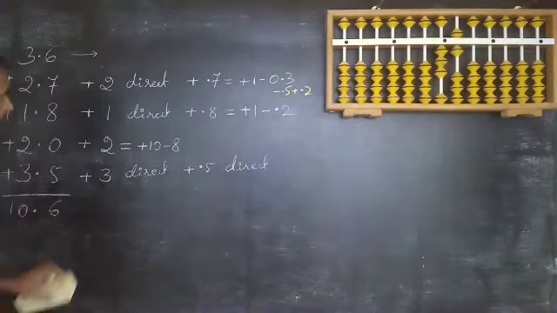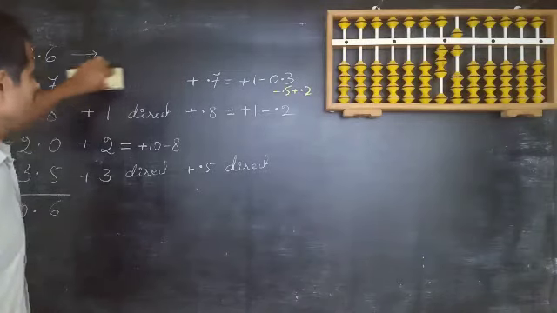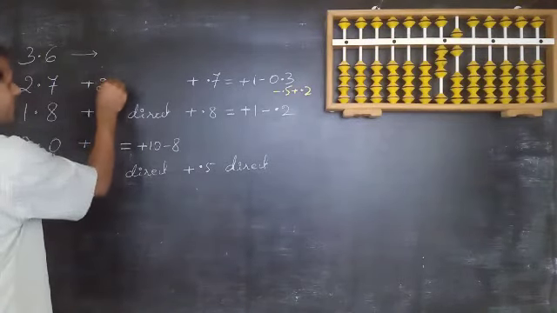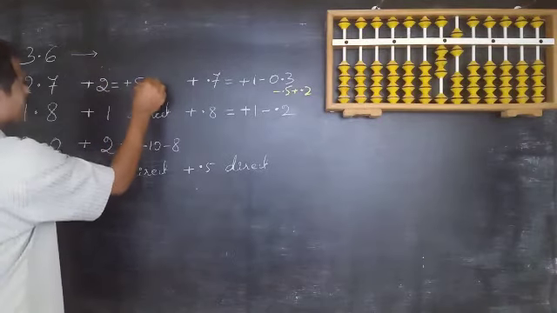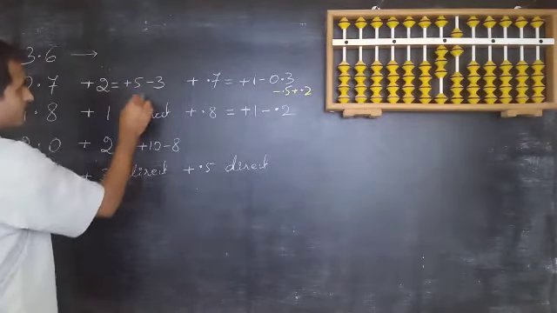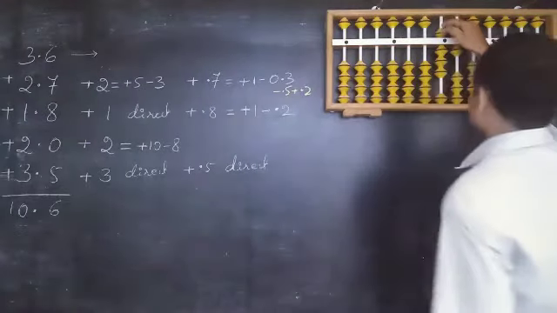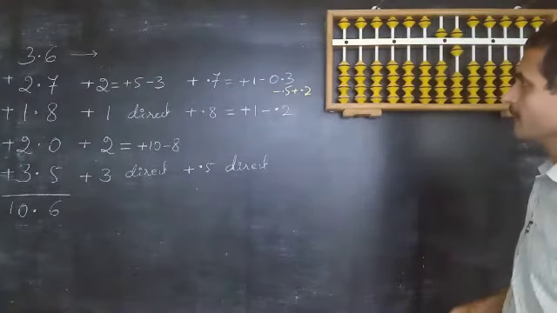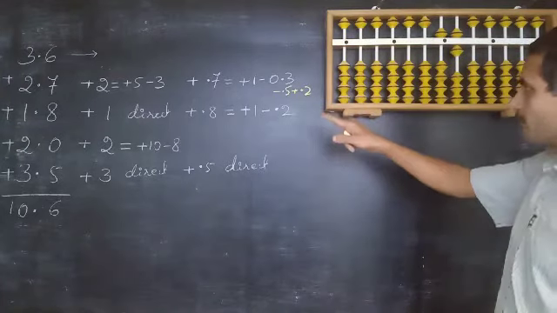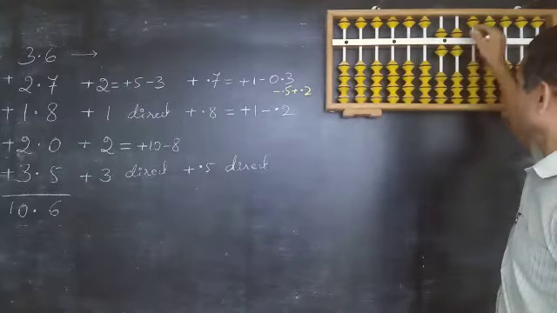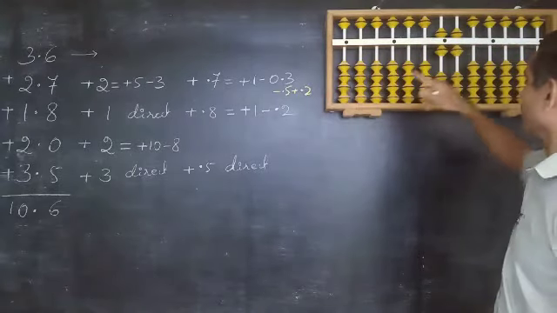Here, make a small correction, plus 2 is equals to plus 5 minus 3. Plus 0.7 is equals to plus 1 minus 0.3.